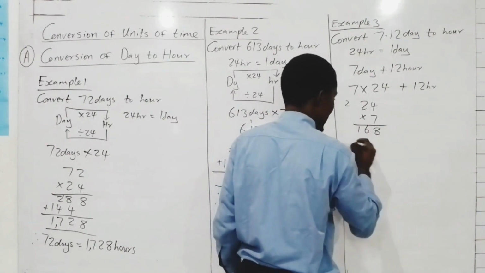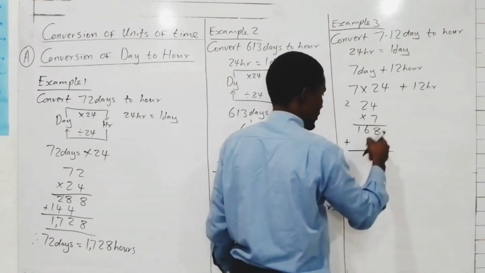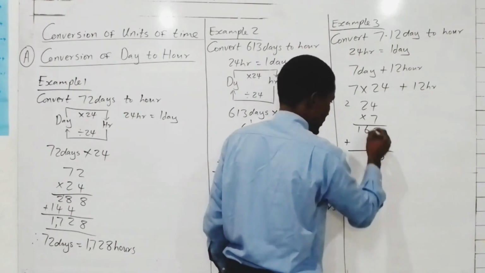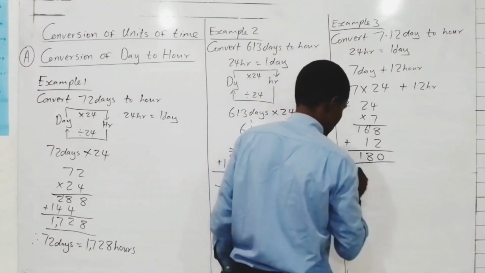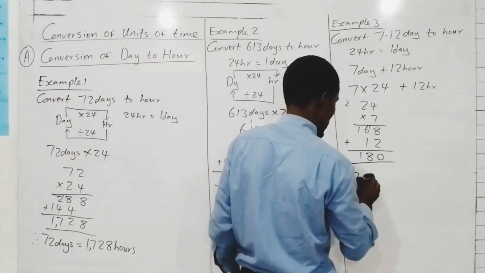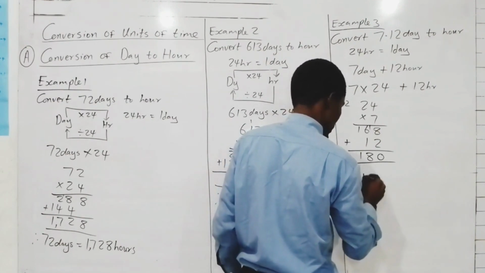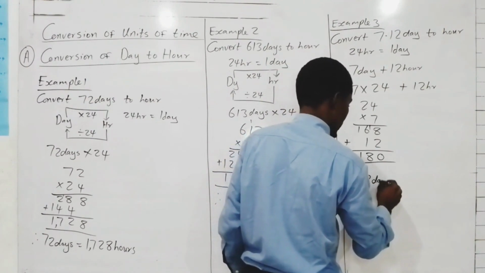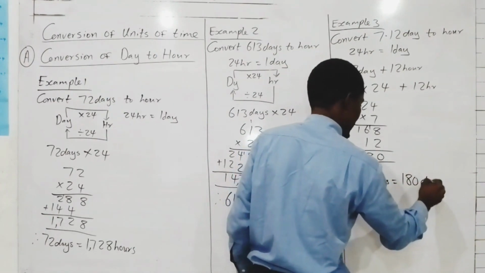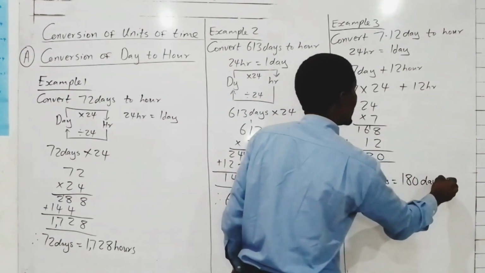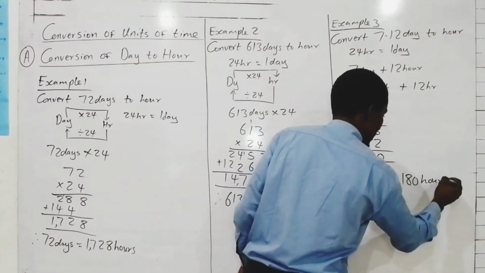So we have 168 hours plus this 12 hours that we have, which gives 180. Therefore, 7.12 days equals to 180 hours.